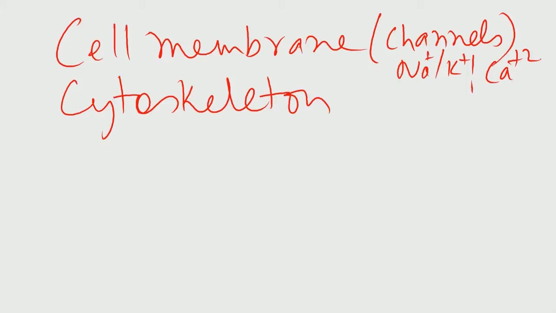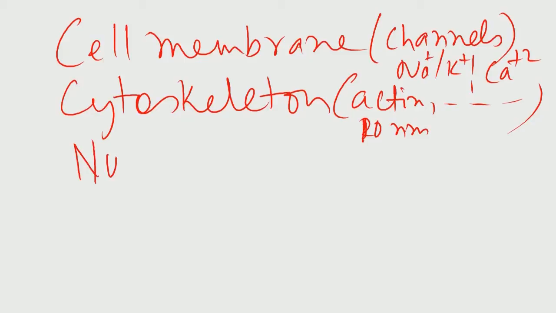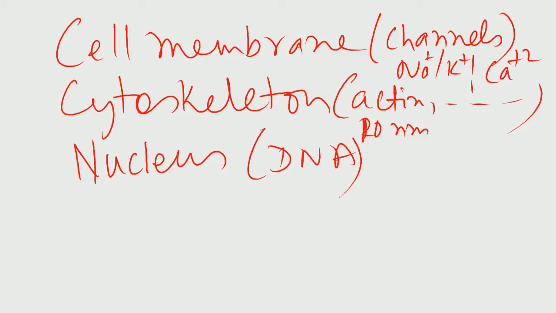Then the second one is the cytoskeleton structure, this actin filament and so on, how they are structured, and what is the typical size of these actin filaments. The third one is the nucleus structure, inside which you have DNA, that is a nucleic acid, and the nucleus also has a pore complex.